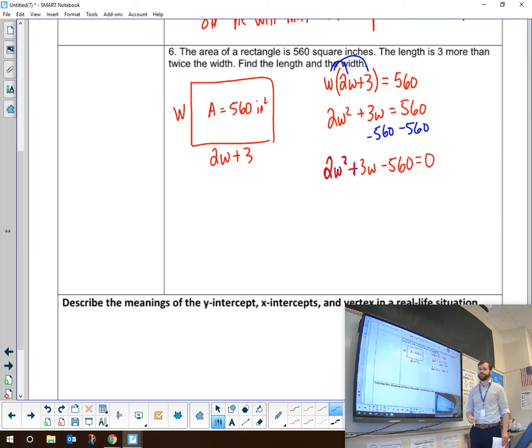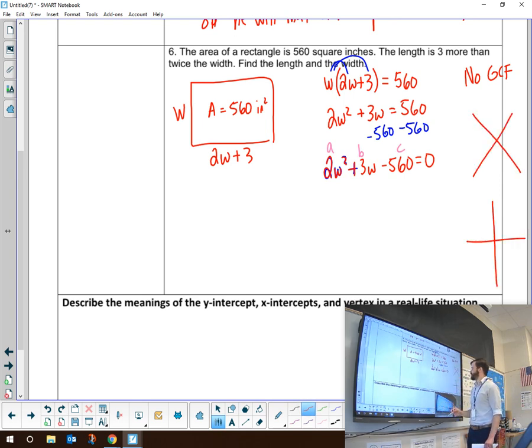First thing to factor, we look for a GCF, right? Well, this one has no GCF. Second thing that we're going to do is label my A, my B, and my C. So my A is 2, my B is 3, my C is negative 560. Then I'm going to draw my X and my plus.